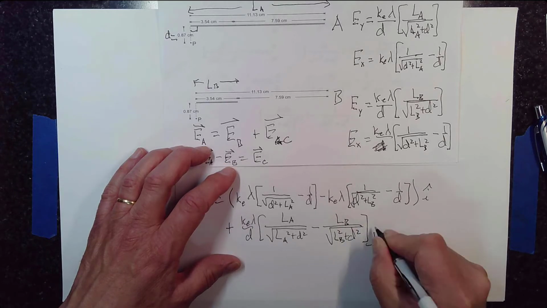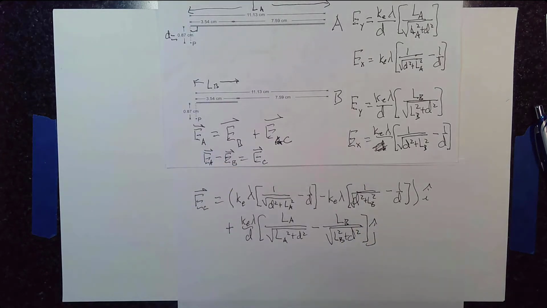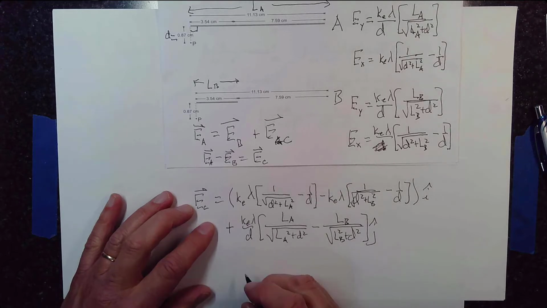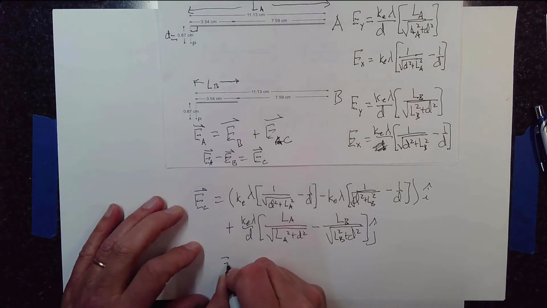And that's in the J hat direction. So, still kind of a complicated expression. This'll work out. I think I've got stuff that'll drop out on me. It ends up being E sub C.